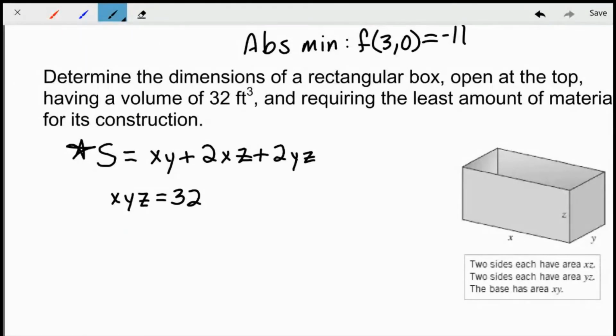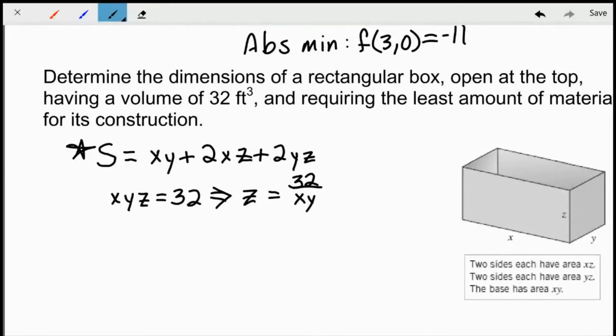So what I can do here is say, okay, from that, I know that Z has to be 32 over XY. And based on that, I'm going to end up with a function of 2 variables for that surface area function. And that's going to allow me to solve this out in a similar way.